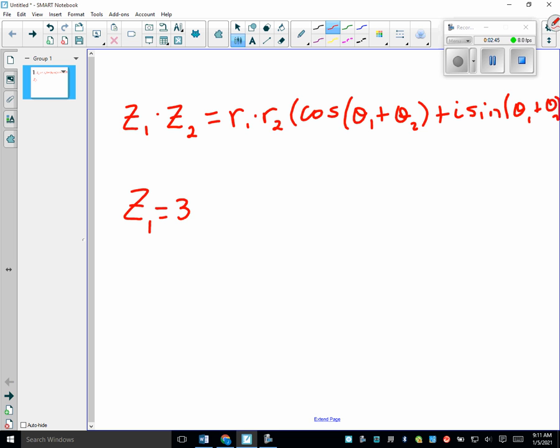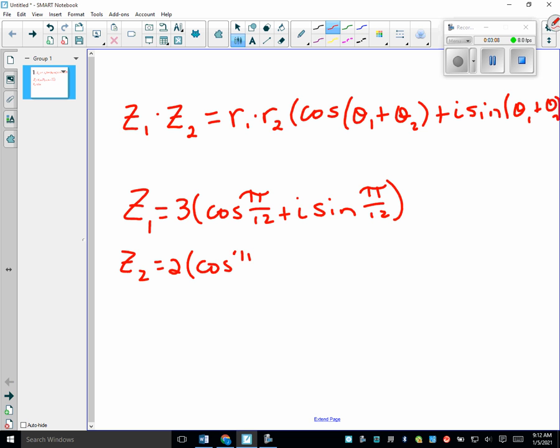So, my first one is 3 cosine pi over 12 plus i sine of pi over 12. My second number is 2 cosine pi over 6 plus i sine of pi over 6.